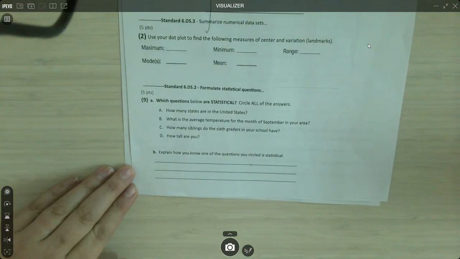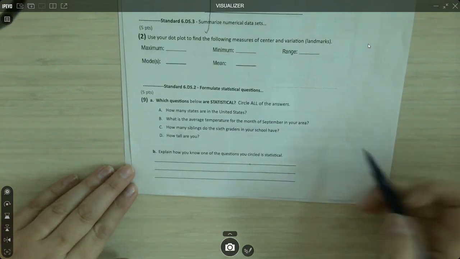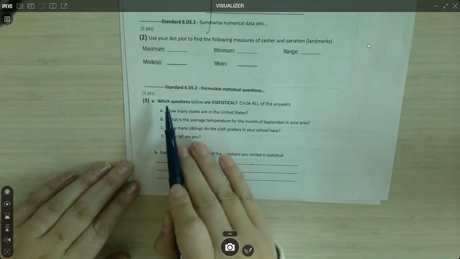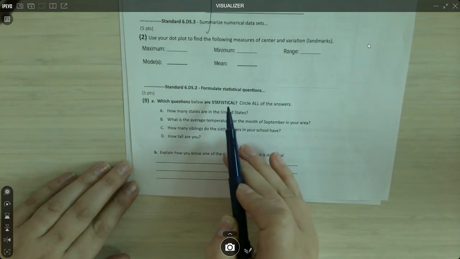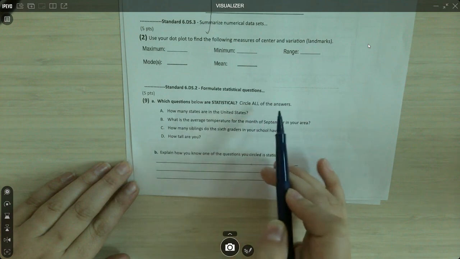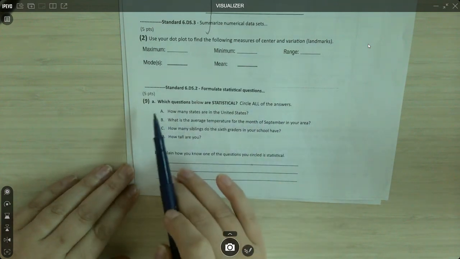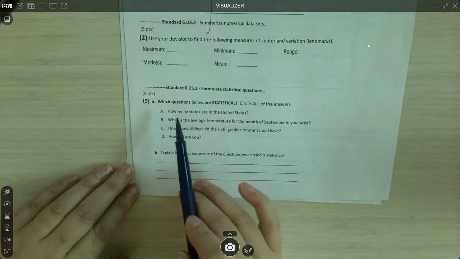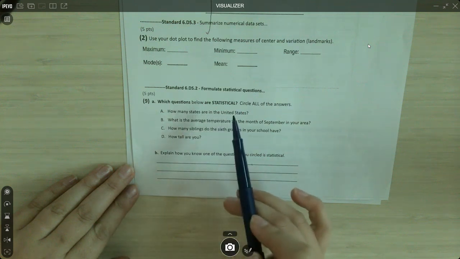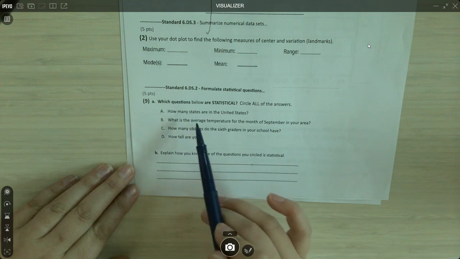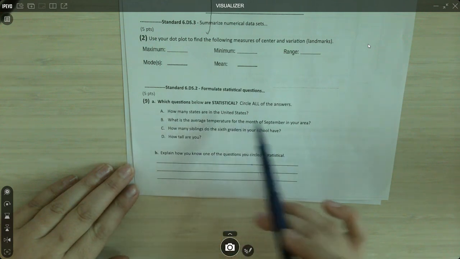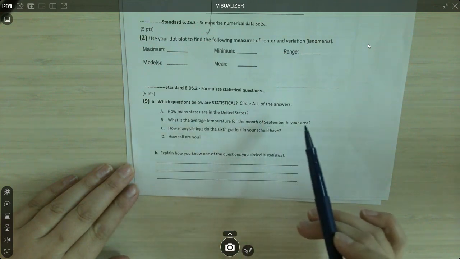Then it skips down here to question number 9, and it asks which questions below are statistical. Circle all of the answers. So option A is how many states are in the United States? B, what is the average temperature for the month of September in your area?